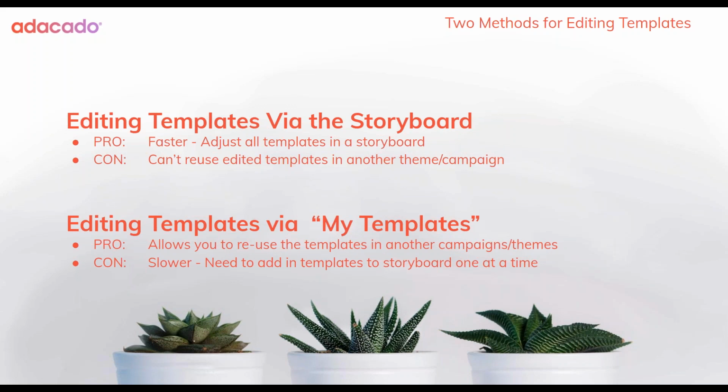So those edits that you make are confined to the theme that's in your campaign. For most cases, this is going to be fine. But if you do want to reuse it, then I suggest looking into the My Templates method. It's a little bit slower to bring it into the campaign, but it's more versatile over time.